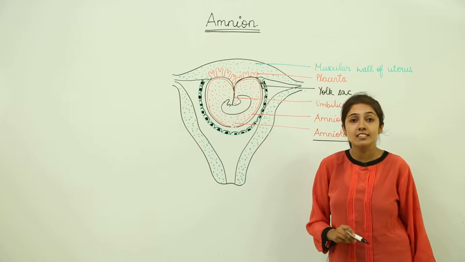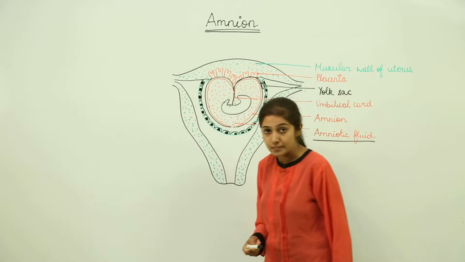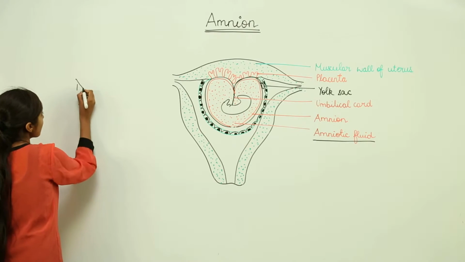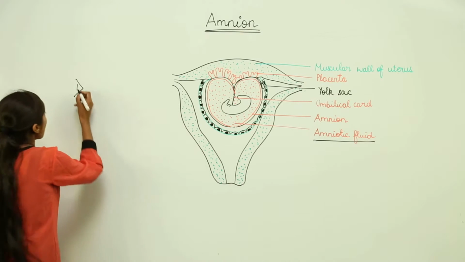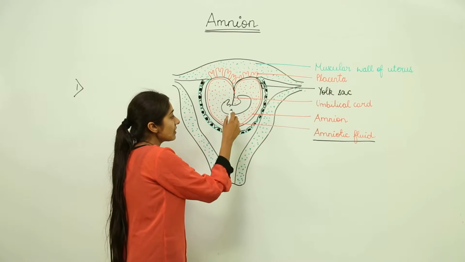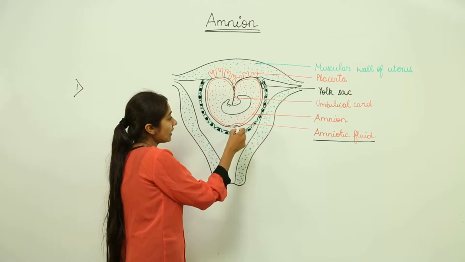Amnion is what? It is a sac which is developed before the development of even allantois, right. So just see what we have discussed. We have discussed the first function of this amniotic fluid, that is what? The first function is that it is preventing the direct contact of the amnion, the sac lining, with the fetus.